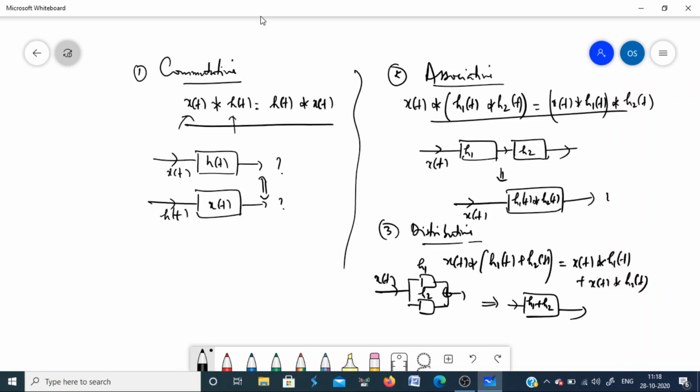Okay, and then we have discussed one more thing: if the system is linear and time invariant, you can simply discuss the other properties of the system by seeing its impulse response.